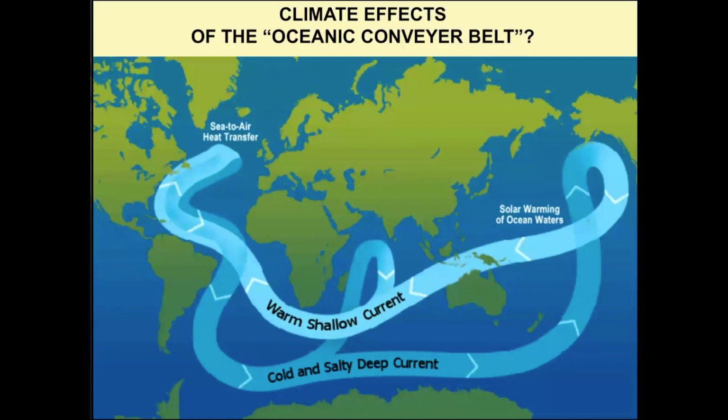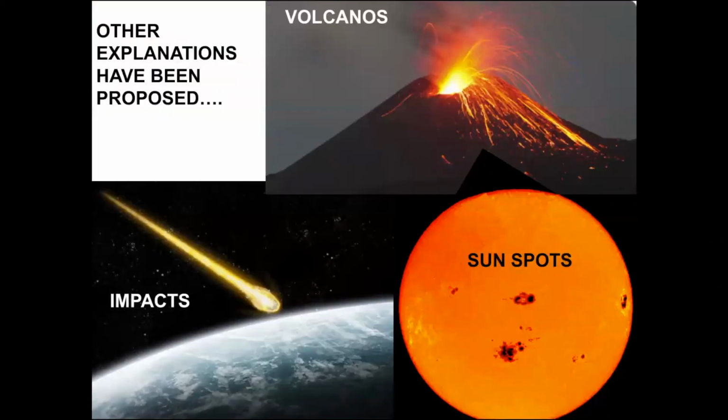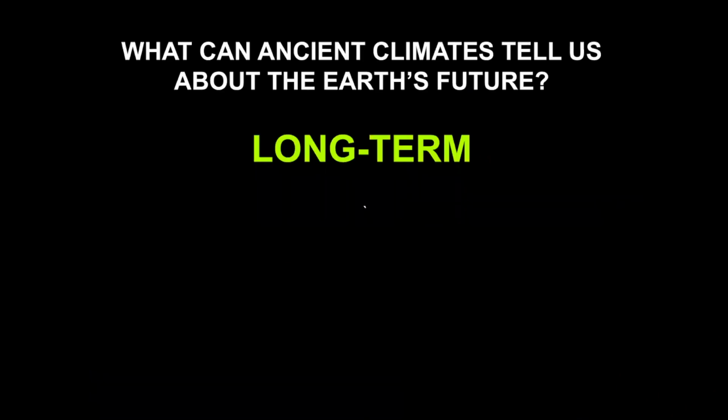Some think that there were changes in the oceanic circulation that caused it. Others attribute it to volcanoes, sunspots, impacts. We really don't know why it dropped so precipitously, but it did.